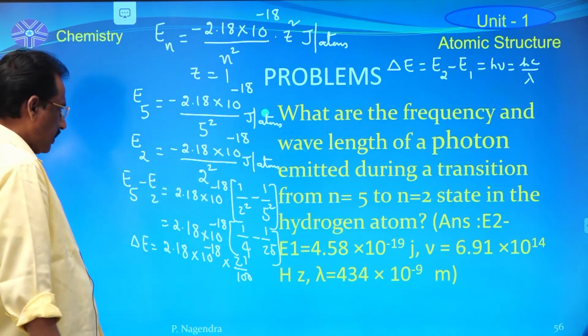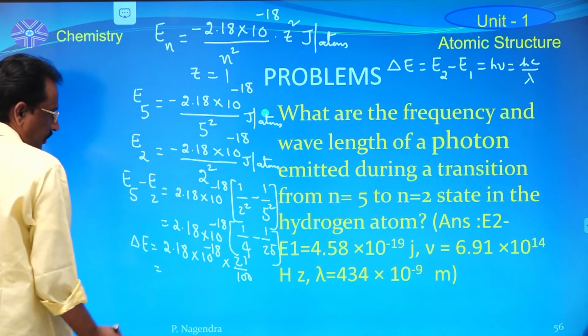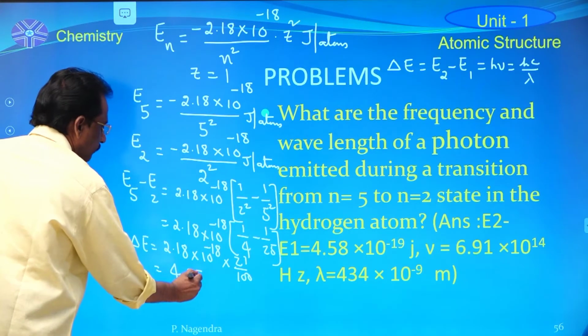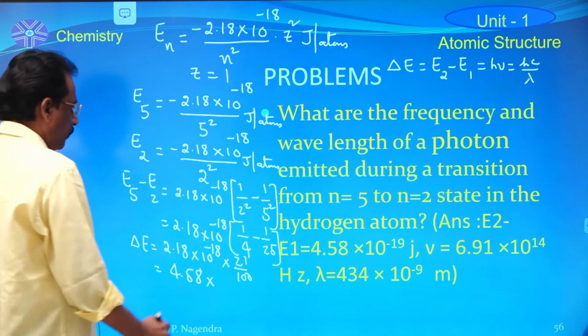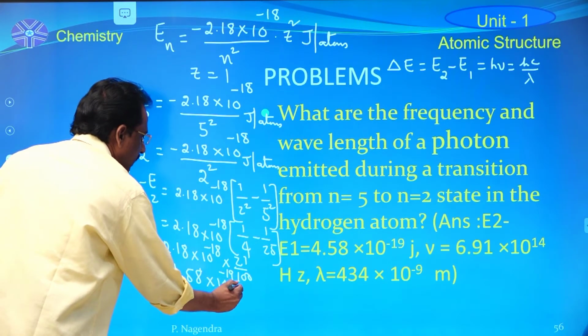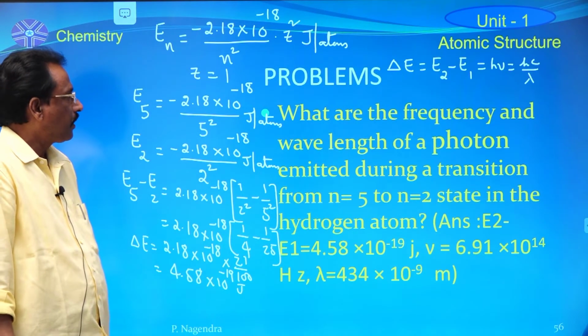So, this is equal to 4.58 into 10 power minus 19 joules.